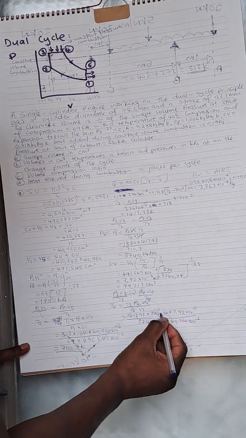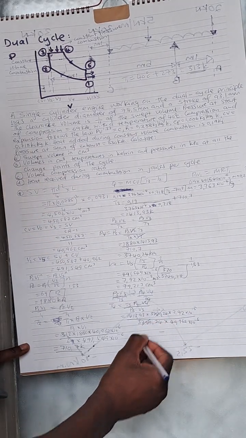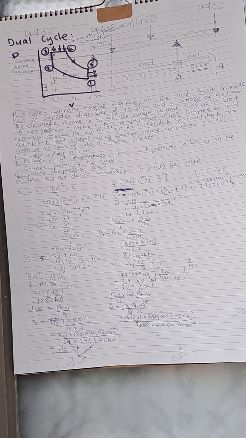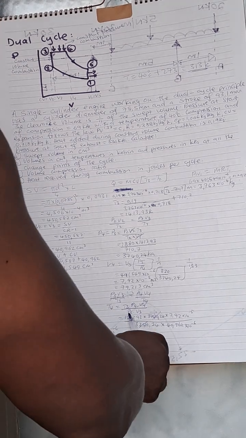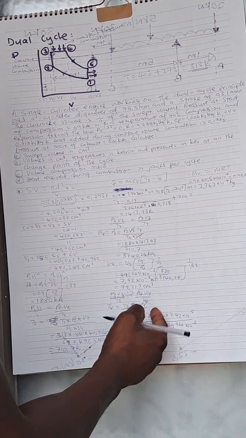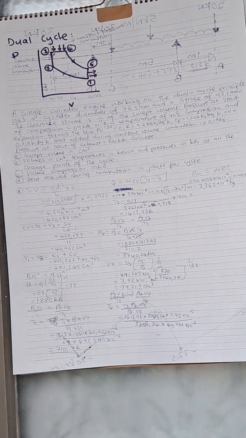So we can just get rid of this one because, let me check something. Oh, because our P3 and our P4 are equal, so we can cancel these pressures. It's the same thing.